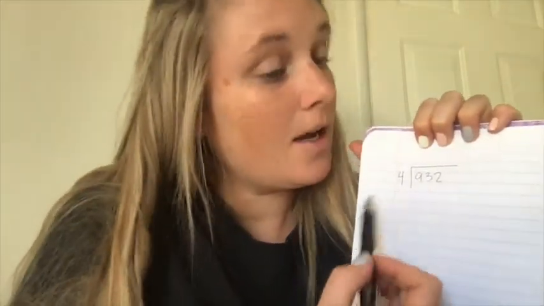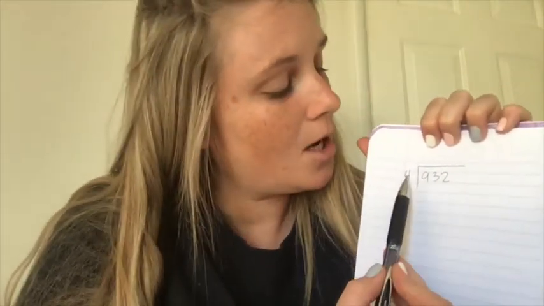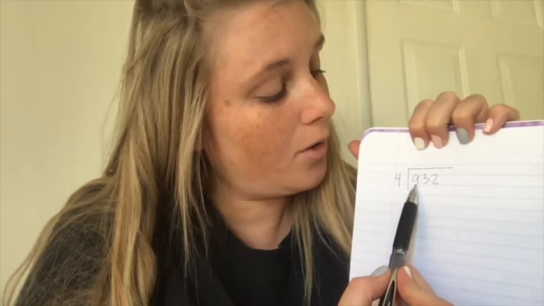Okay, I want you to try this one by yourself. Are you ready? 932 divided by 4. Try it by yourself. Pause me. Did you get an answer? Let's do it. First step, divide. Can 4 go into 9?